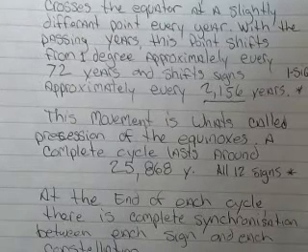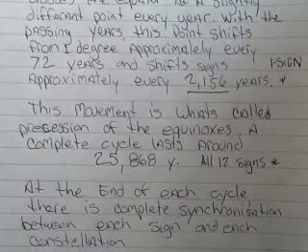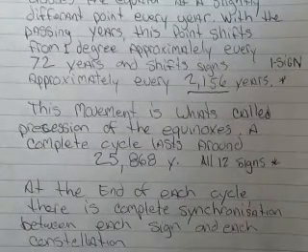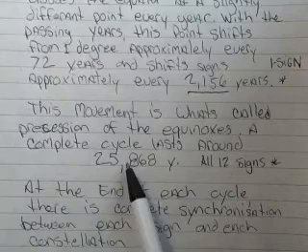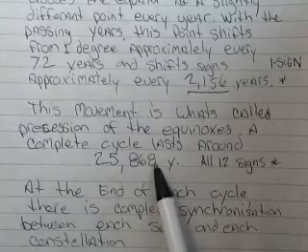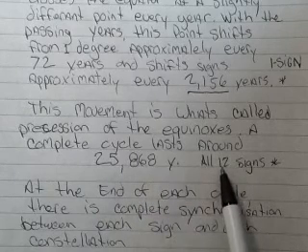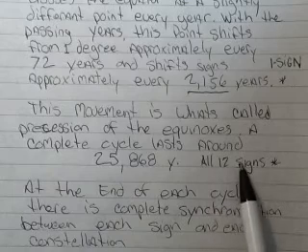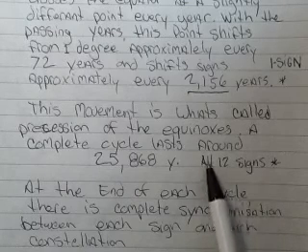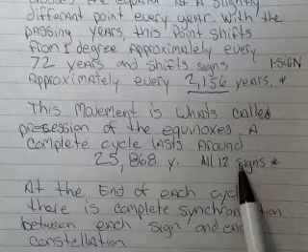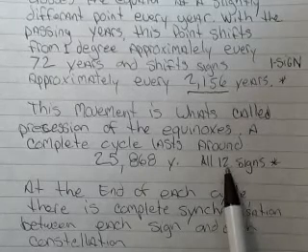A complete cycle lasts around 25,868 years. Now this is generally rounded to 26,000 years, and that's how long it takes for all 12 signs to complete their cycles in our skies. Okay? All 12 signs.